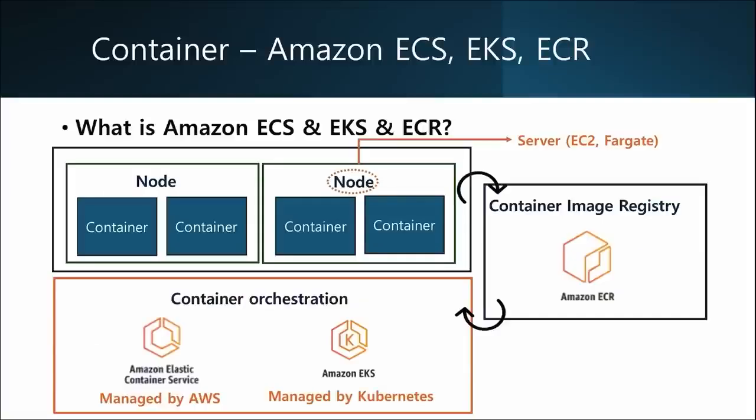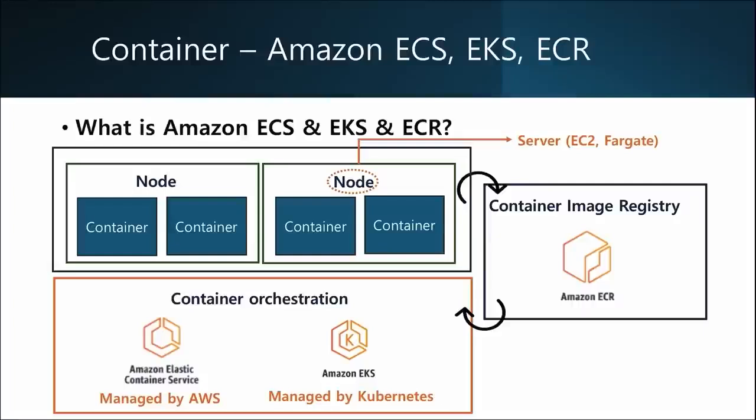We learned earlier that AWS services related to containers include ECS, EKS, and ECR. The biggest difference between ECS and EKS is whether AWS or Kubernetes handles the container orchestration function.